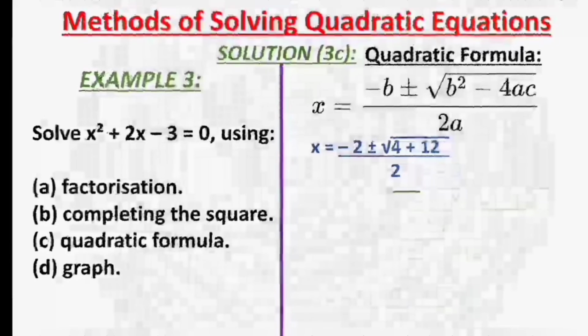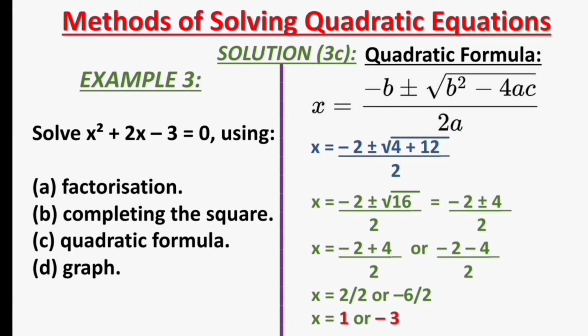Our final answer from quadratic formula should be x is equal to 1 or x is equal to minus 3. I hope this method using quadratic formula is clear to you.